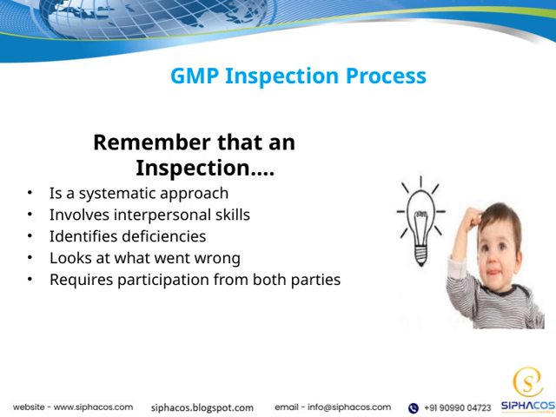Now, in the context of GMP, or good manufacturing practice inspections, this entire process becomes even more vital. It's a structured process that ensures compliance, quality, and safety in pharmaceutical manufacturing. So, understanding these key points helps us appreciate the importance of a well-conducted inspection in maintaining high standards.